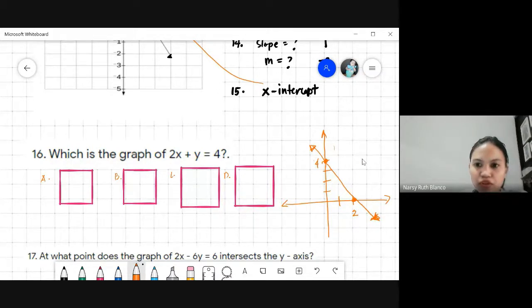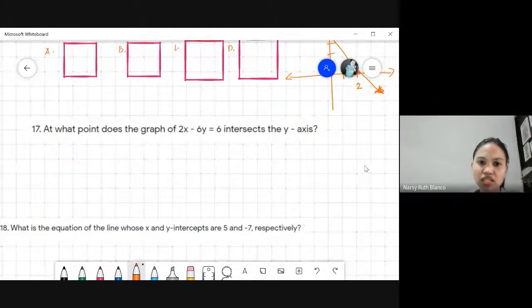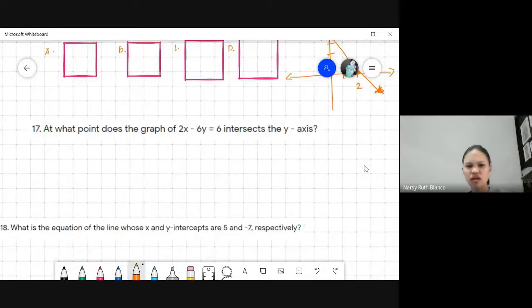And for number 17, this would be the question. At what point does the graph 2x minus 6y equals 6 intersect the y-axis?